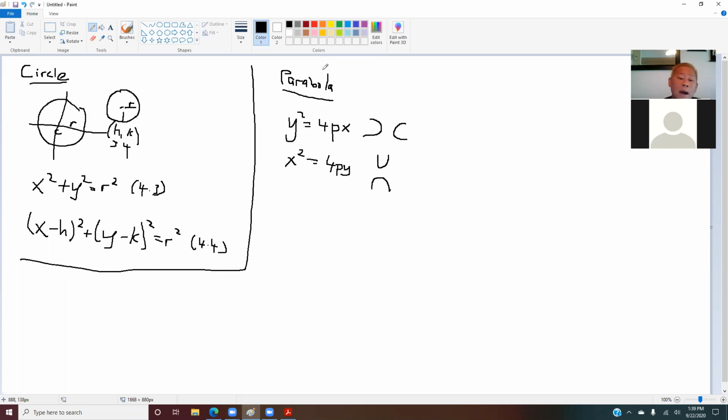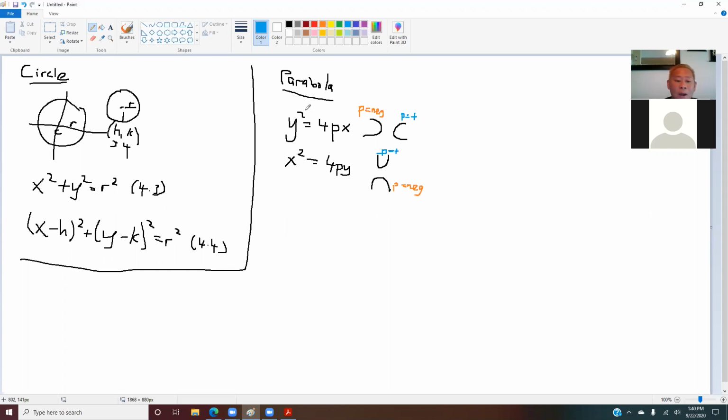How do we know whether they open left or right? It depends on your p. If your p is negative, then it is on the left side. Same thing here: if your p is negative, you will go downwards. If your p is positive, then you will go either to the right or up.